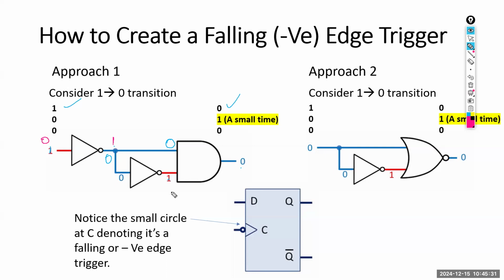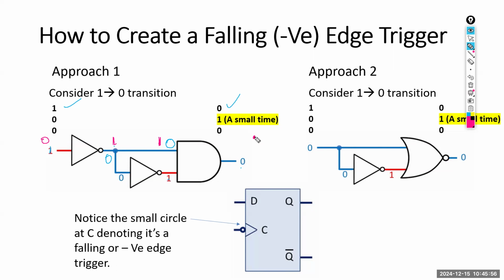But still this has not affected, because still this is 1. This is 1 means this is 1. But it has not gone through this NOT gate, it has gone through only this NOT gate, because it takes a little bit more time to go through this. But still when this is 1, this is 1. All of a sudden we have a 1 and 1 situation, which means it's 1.